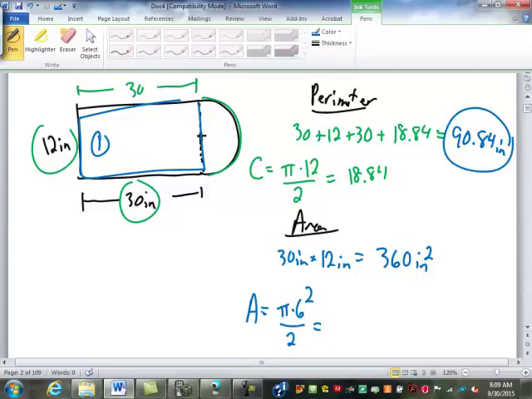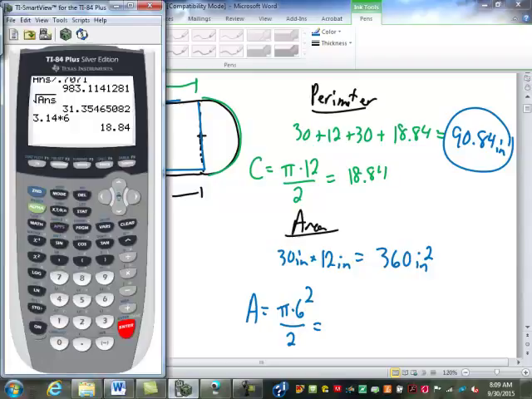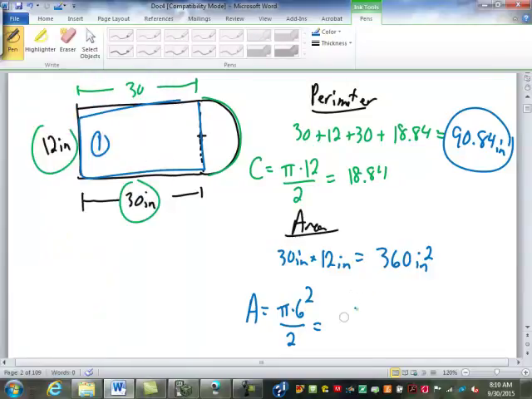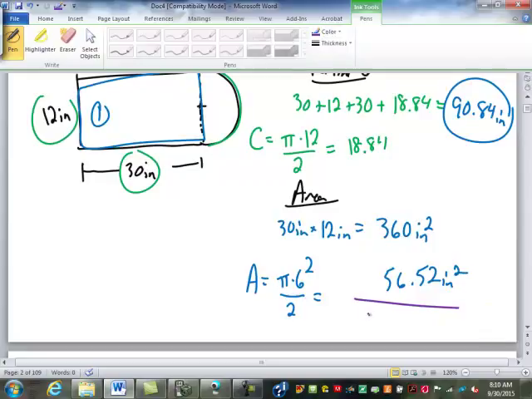Then, of course, divided by 2. 56.52. So that will add up to 416.52 square inches.